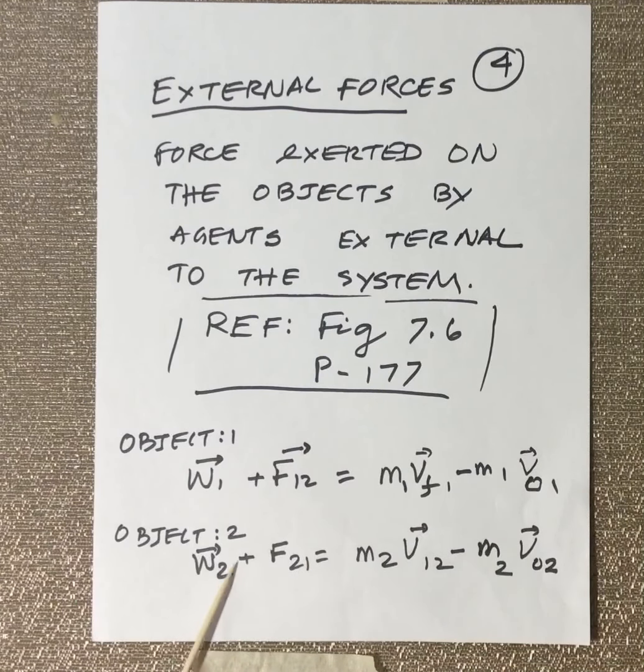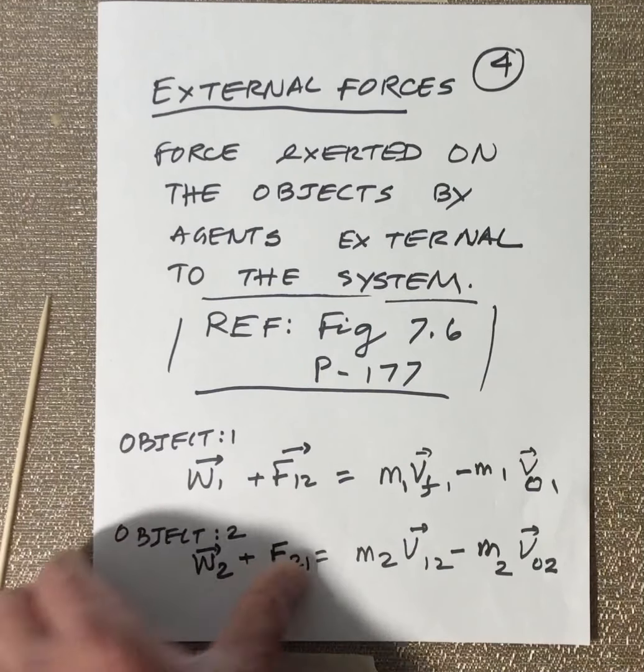For object 2, you have W2, the work done, and this is the force, so you have M2 times V2 final, and M2 V2 initial for the second object.